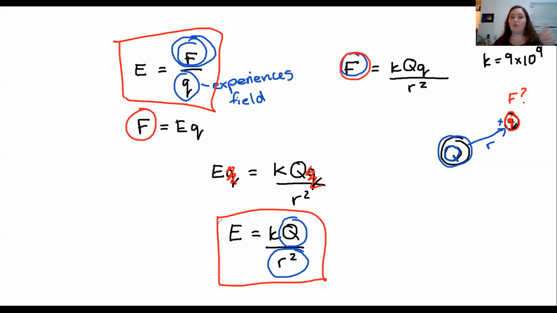And because we've got these two equations, we can make you work out the question using one and then solve the question using another. Okay, so just quickly, because I've already expanded on what all of these are, E is the electric field strength or electric field at a point.